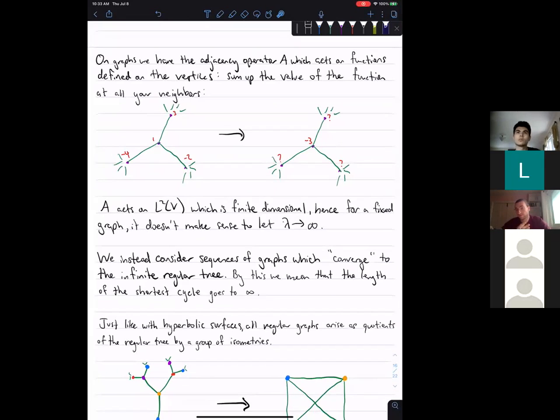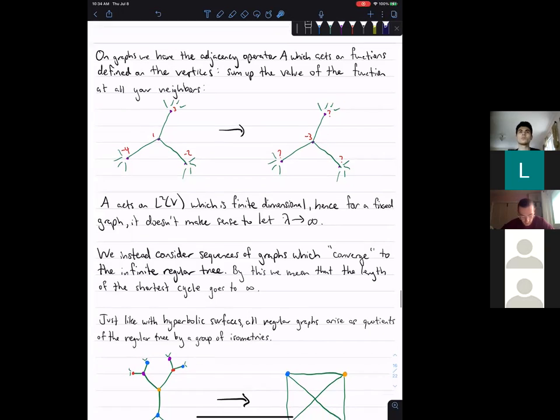If you have a finite graph, then L2 of V is really just a fancy way of saying functions on the vertices, ways of assigning numbers to every vertex. But if you have a finite graph, this is a finite dimensional vector space. So this operator is only going to have finitely many eigenvalues and eigenfunctions. So it doesn't make sense, if you just have a fixed graph, to let the eigenvalue go to infinity.